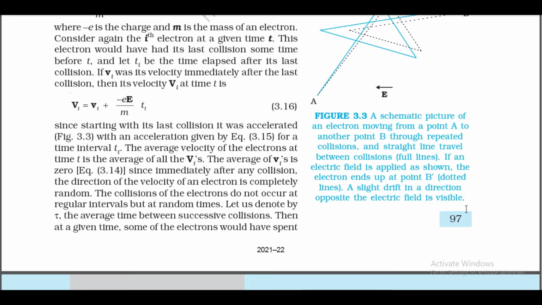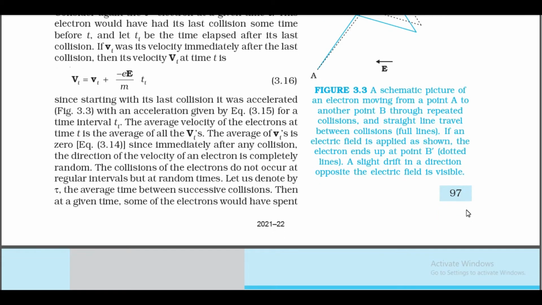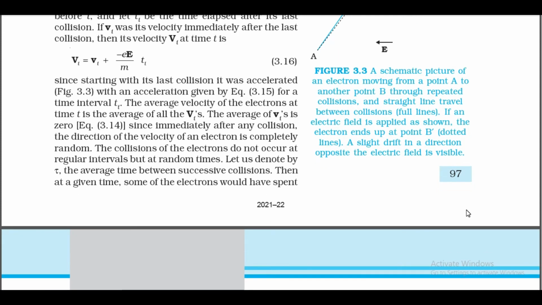The average velocity of the electrons at time t is the average of all the V_i's. The average of v_i's is 0, since immediately after any collision, the direction of the velocity of an electron is completely random. The collisions of the electrons do not occur at regular intervals but at random times. Let us denote by tau the average time between successive collisions.